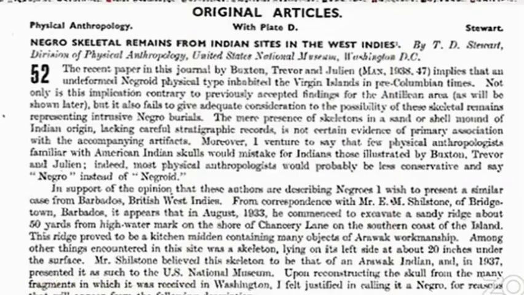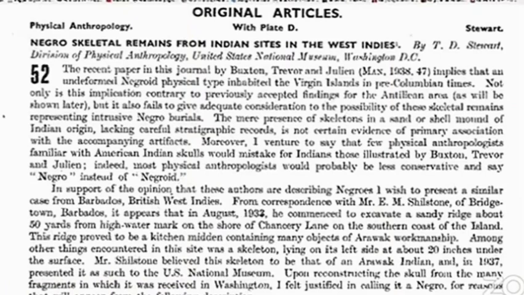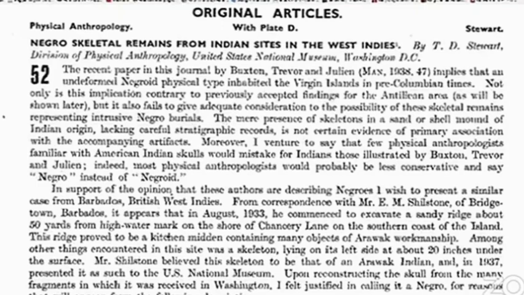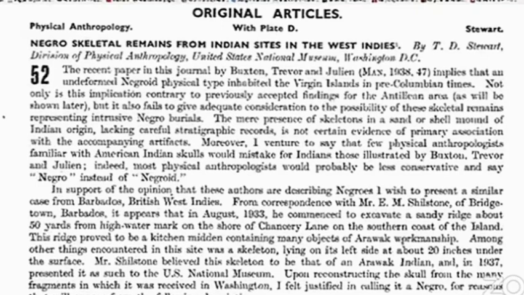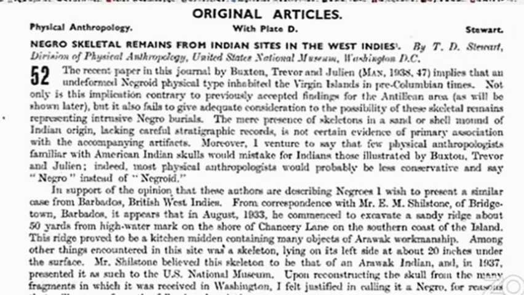In support of the opinion that these authors are describing Negroes, I wish to present a similar case from Barbados, British West Indies. From correspondence with Mr. E.M. Shilstone of Bridgetown, Barbados, it appears that in August 1933, he commenced to excavate a sandy ridge about 50 yards from high water mark on the shore of Chancery Lane on the southern coast of the island.